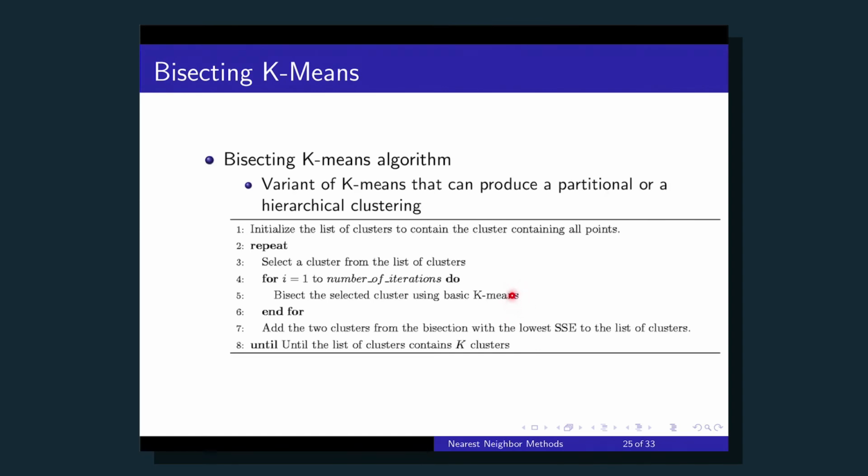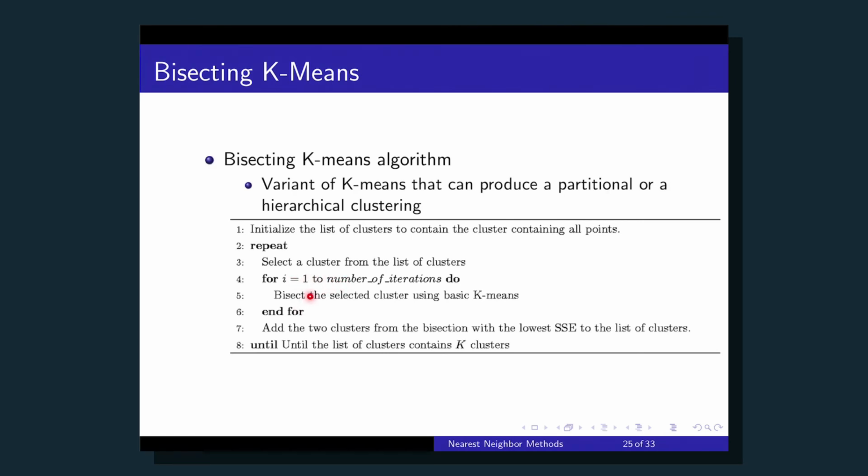You're using basic k-means like we saw before, but you first initialize the list of clusters to contain the cluster containing all points. So you start with one big cluster, and then you select that and you run normal k-means. You limit the number of iterations, but usually this is not a problem.